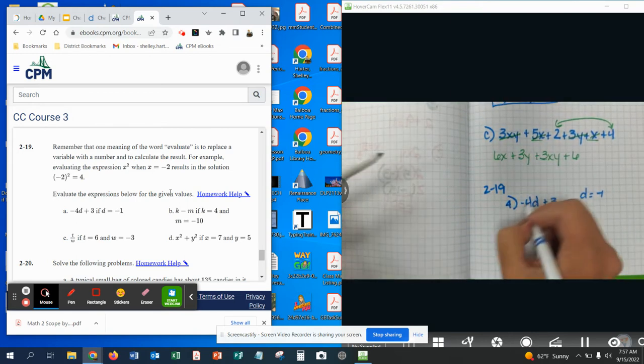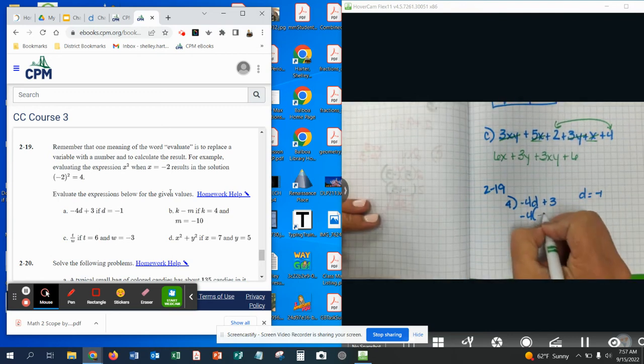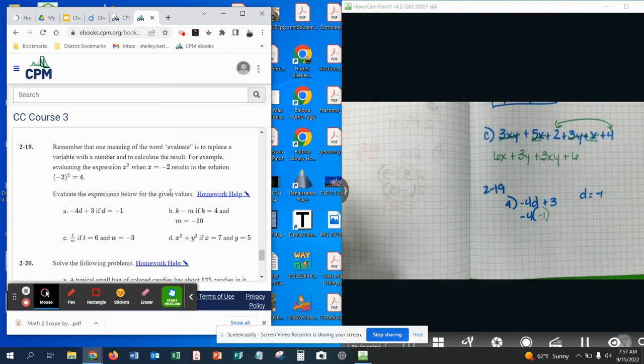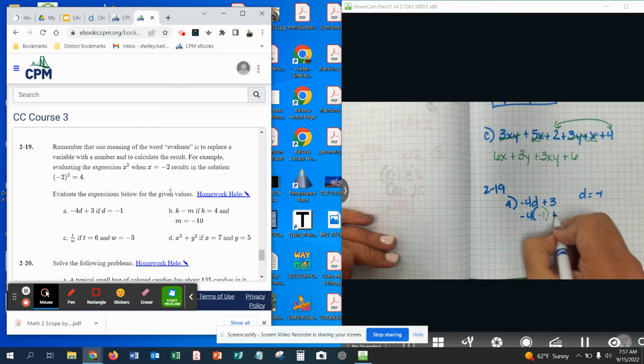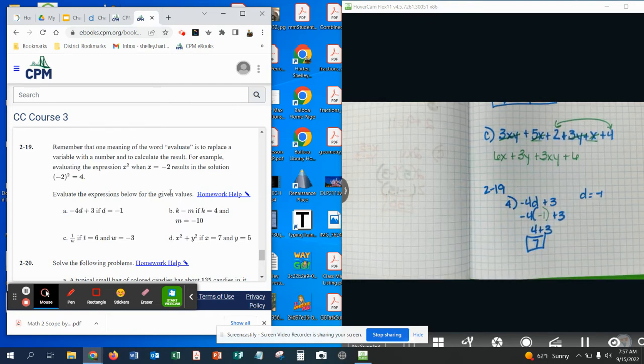So I'm going to plug in negative 1 for D plus 3. Now I have negative 4 times negative 1, and it's going to make a positive 4 plus 3, and then I've got 7. So for this one, our answer is 7.